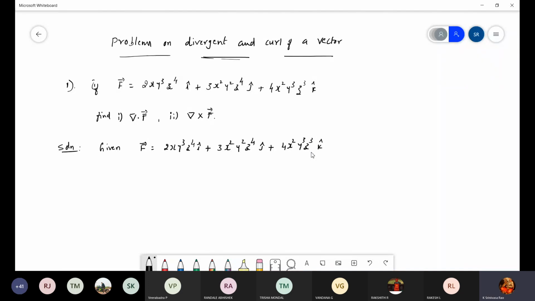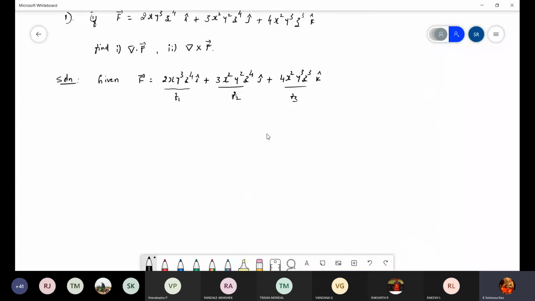For your reference, we will take these as F1, F2, and F3, the coefficients of i j k. First write the formula.